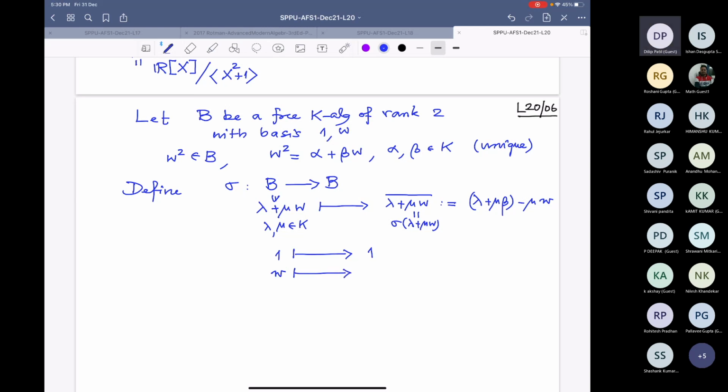In that case, lambda is 0, mu is 1, so it will go to W bar, which by definition is beta, and that beta is coming from W square. So that is beta minus mu, and mu is 1, so beta minus W. Now do you realize where it came from?